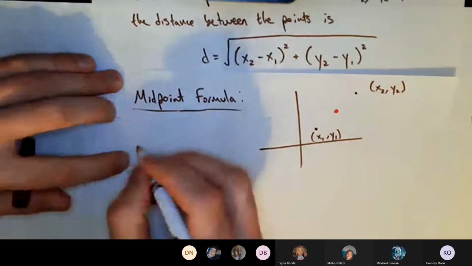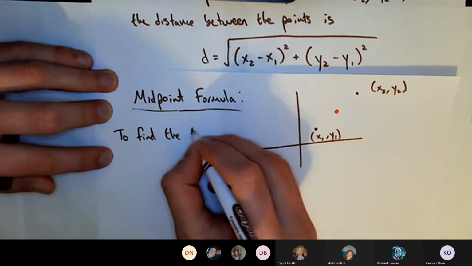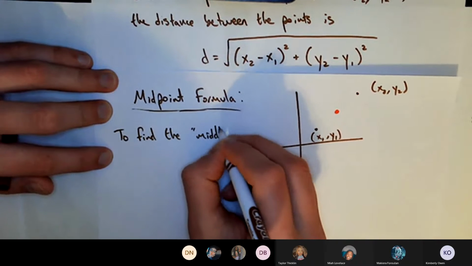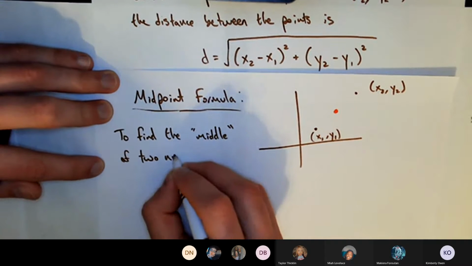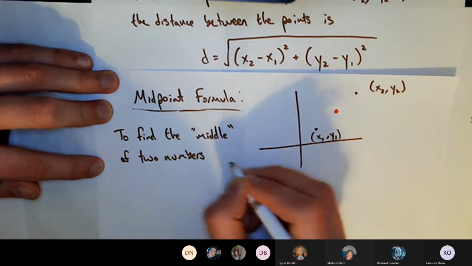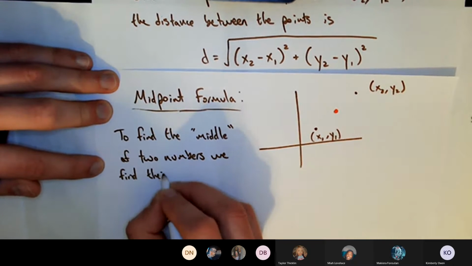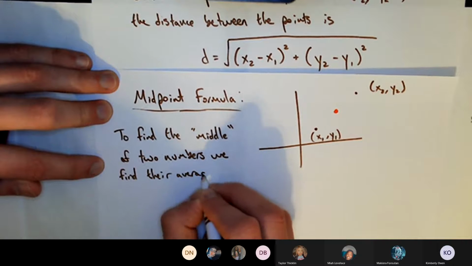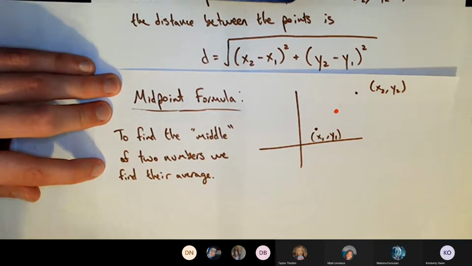To find the, quote unquote, middle of two numbers, you just find their average, right? Okay. We find their average.